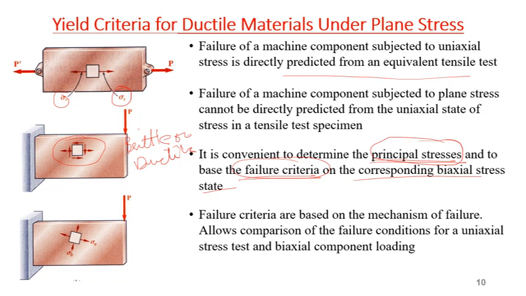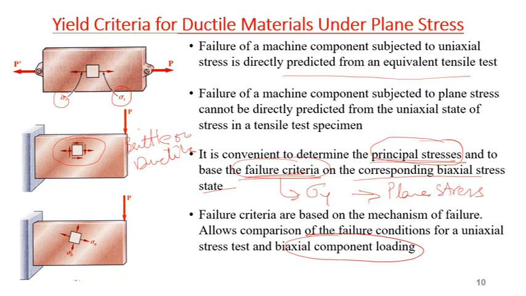Failure criteria based on mechanism of failure allow comparison of the failure condition of the uniaxial test and the biaxial component. It means these failure criteria are basically linking your sigma y with the biaxial component loading, or you can say the plane stress component.